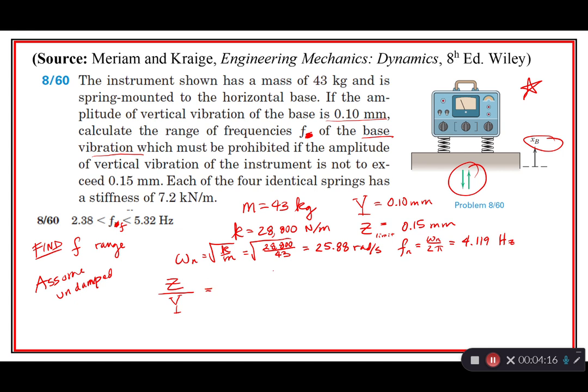So I'm not sure I agree with the authors here on what we should use. It's Meriam and Craig, and if we go back to our equations, let me just pause this for a second. I was just looking at my previous solution.